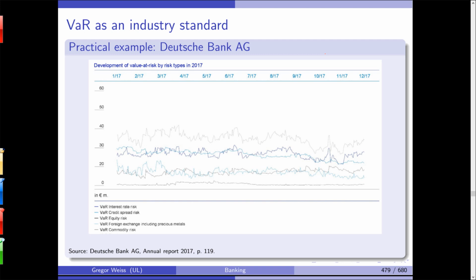So they would expect every 100 days to have a loss that is higher than 40 million. Again, be careful, it's not an upper bound. They are not expecting to lose as much as 40. They only expect that the valued risk here is 30, 40 million for the trading day, and that they might incur a higher loss.